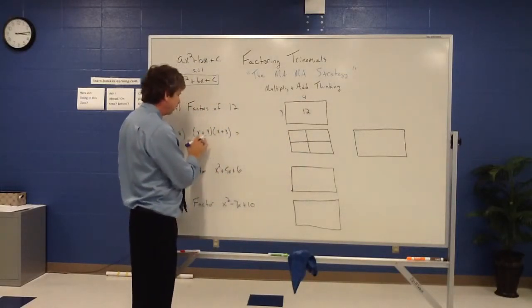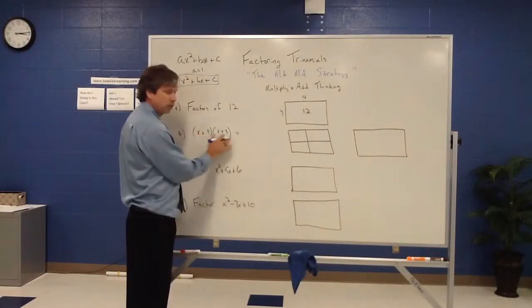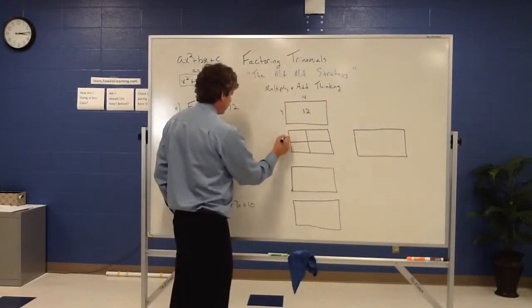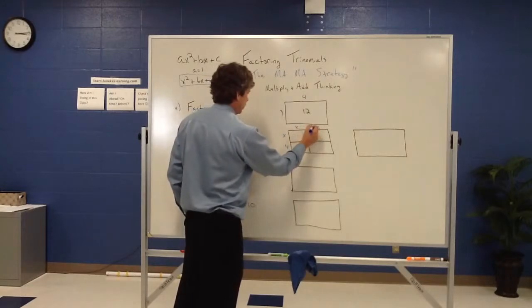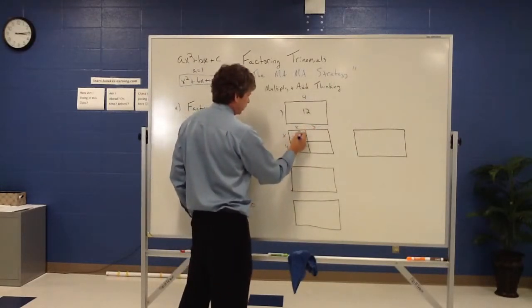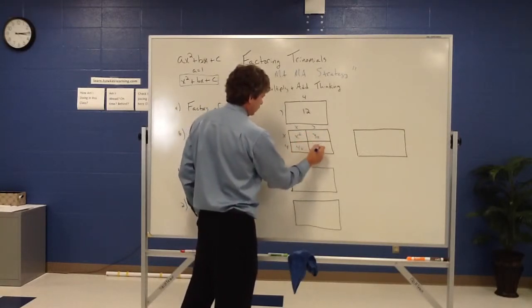So when I look at this problem right here, the x plus 4 and the x plus 3 are called the factors. Those are going to be the edges of the rectangle. So I'm going to have like an x and a 4 here, and an x and a 3 on this edge. And then the product would be x squared, 3x, 4x, and then a 12.